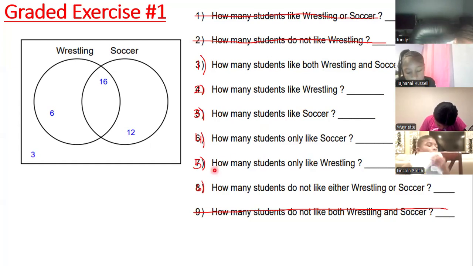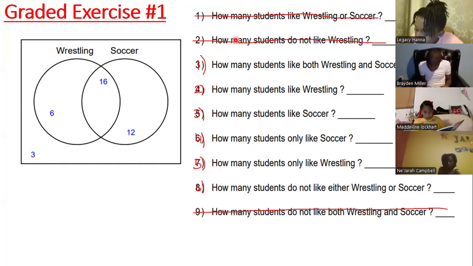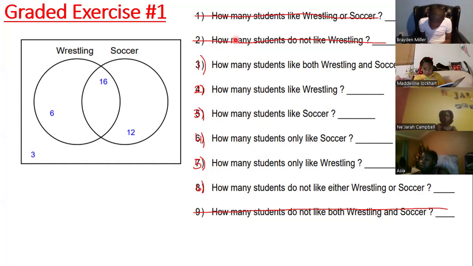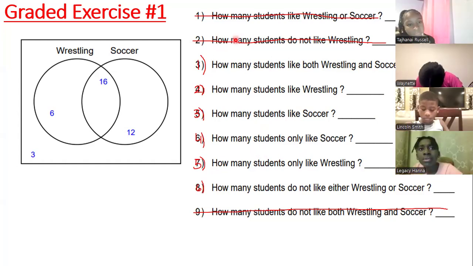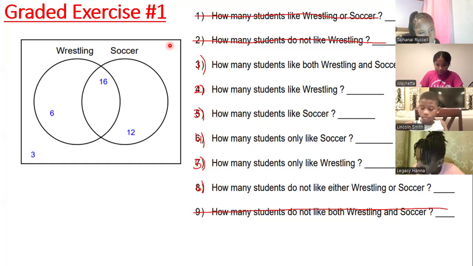Where is Caden Quant? Caden Quant, where is he? Right there. Okay, Caden, you have to turn on your camera. I'm going to turn it on right now. Allura, what number are you on?